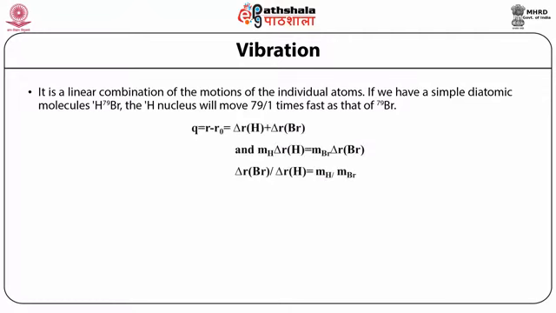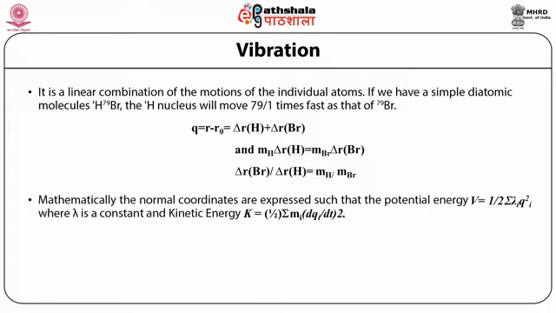So Q is equal to R minus R naught, which is equal to delta R H plus delta R Br, and MH delta RH is equal to MBr delta RBr, and so on. Taking the ratio, delta RBr upon delta RH is equal to MH by MBr, that means mass of hydrogen upon mass of bromine.